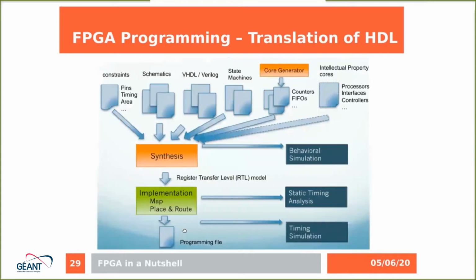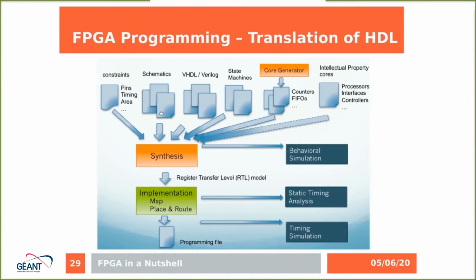Here we can see the development process in the figure. First the synthesis, which is the transformation from, let's say, the VHDL or schematic into the RTL. The input for the synthesis can be VHDL or HDL sources.